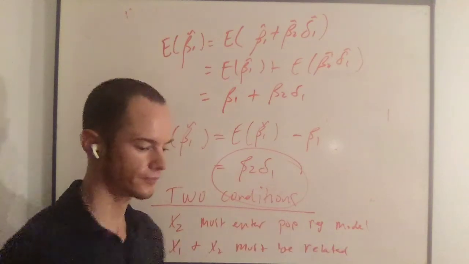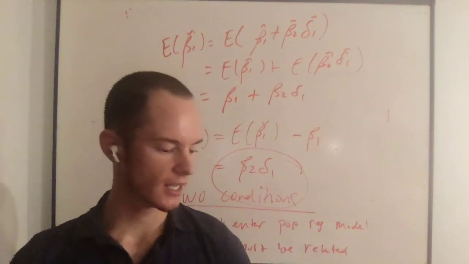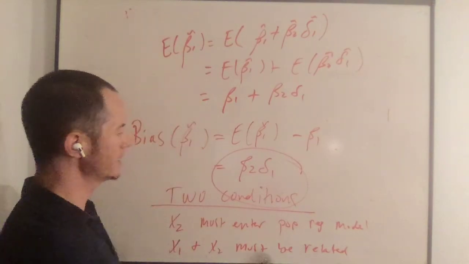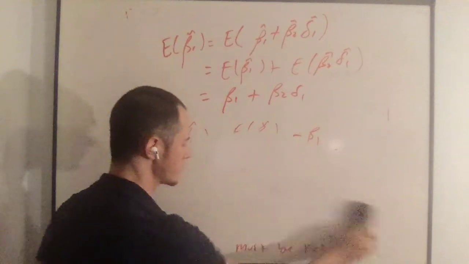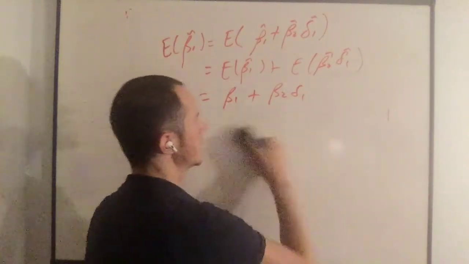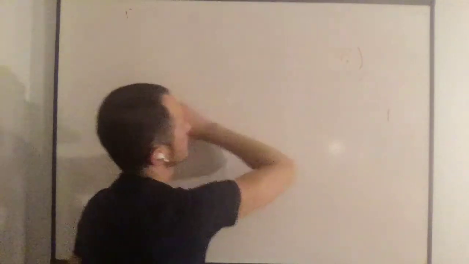All right. Now we can identify whether the bias is going to be upward or downward based on the correlation and the sign of the coefficients.